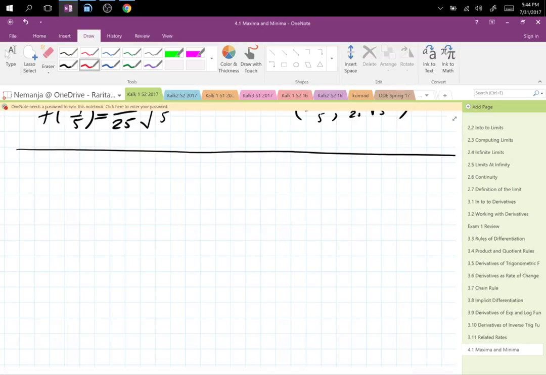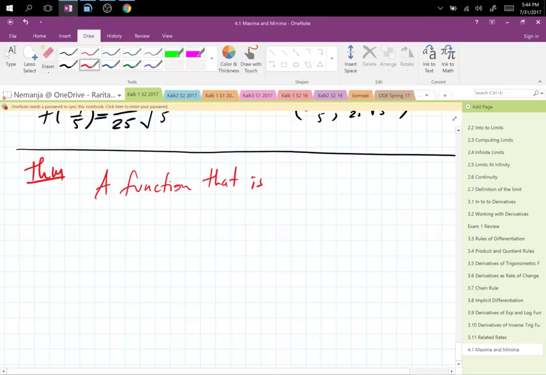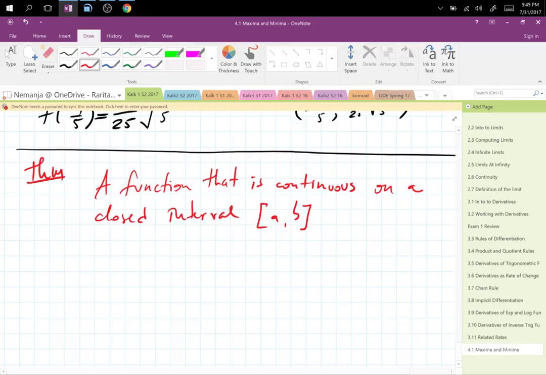So this is one of the major theorems, and it says a function that is continuous on a closed interval [a, b] has an absolute maximum and an absolute minimum.